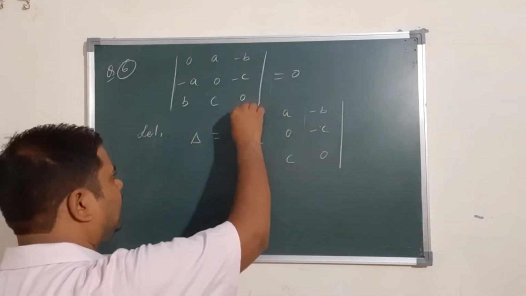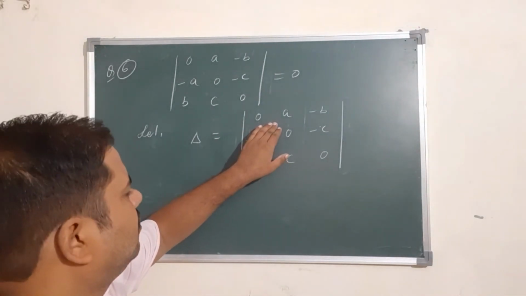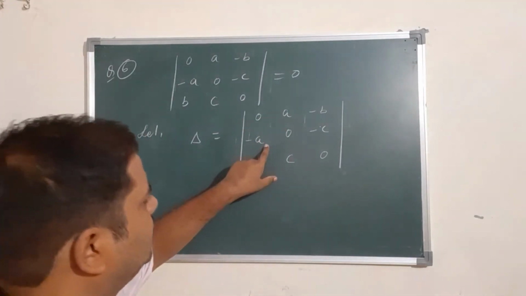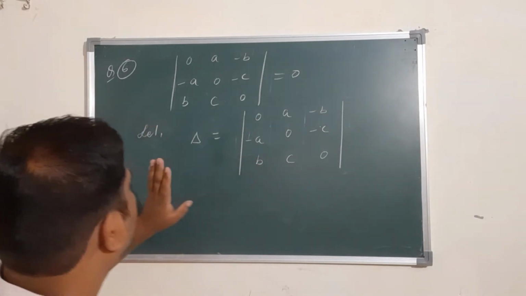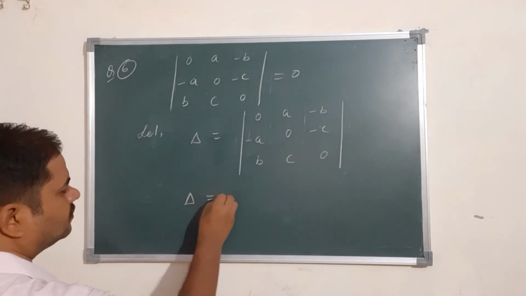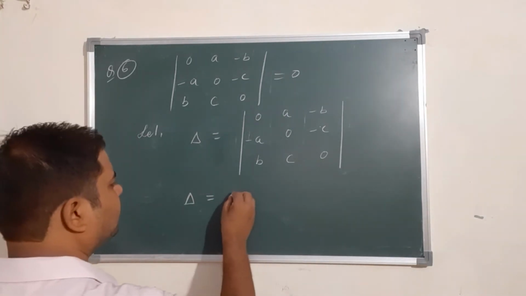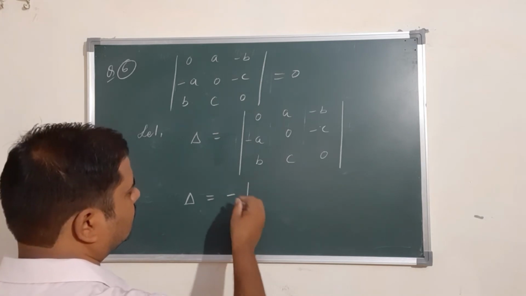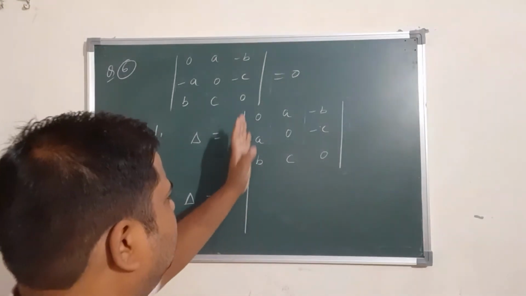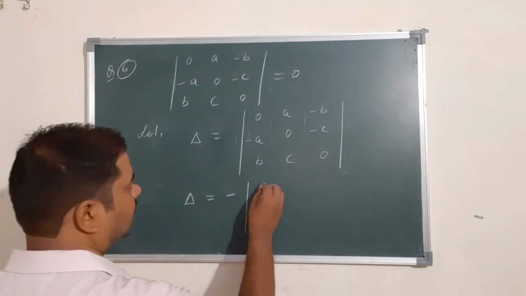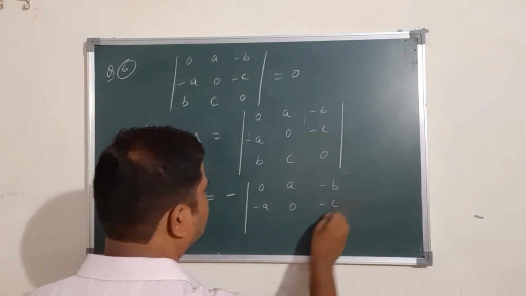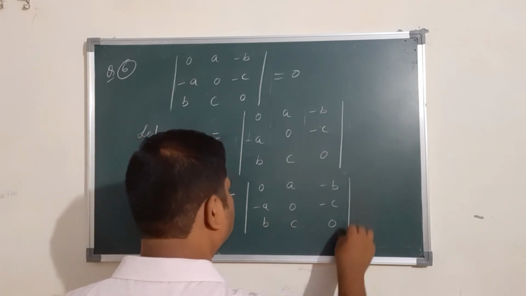If we take minus common from each row, three times minus, then the determinant is again the same: 0, a, minus b; minus a, 0, minus c; b, c, 0.